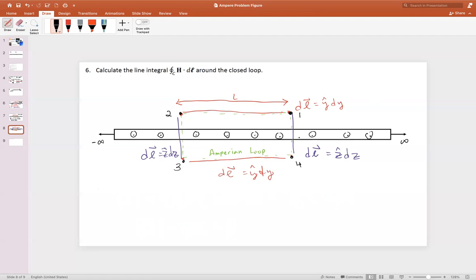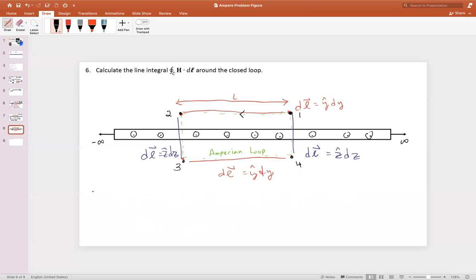Let's make the direction of our integral go this way based on the right-hand rule. So if we put up our right hand and we point our fingers in the direction of this path, we can see that the thumb is in the positive X direction out of the page. Our thumb is in the same direction that the current is.